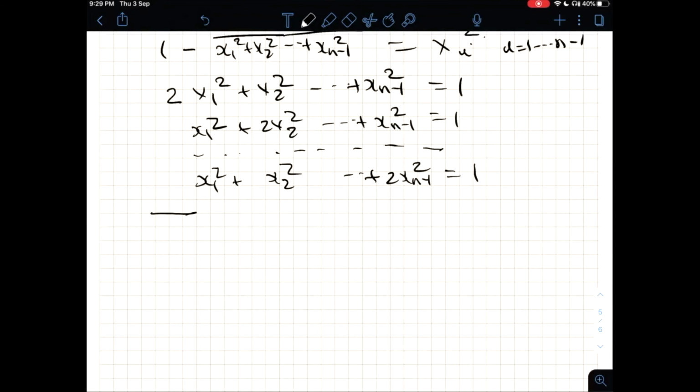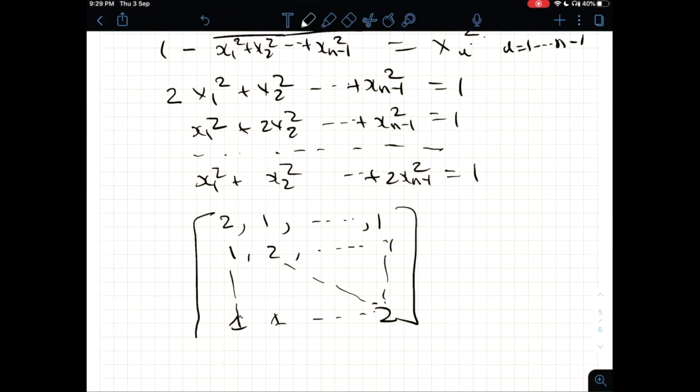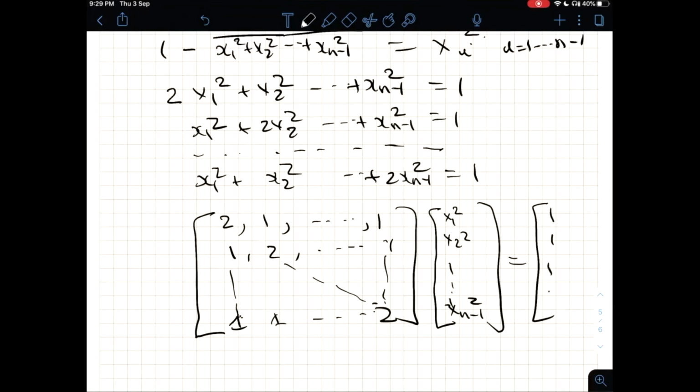So if I write this in a matrix format, this is going to be 2, 1, and so on up to 1, then 1, 2, and so on, going down up to 1, 1 up to 2, an n minus 1 cross n minus 1 matrix, times x1 square, x2 square up to xn minus 1 square, to be equal to 1, 1, 1, 1, 1.